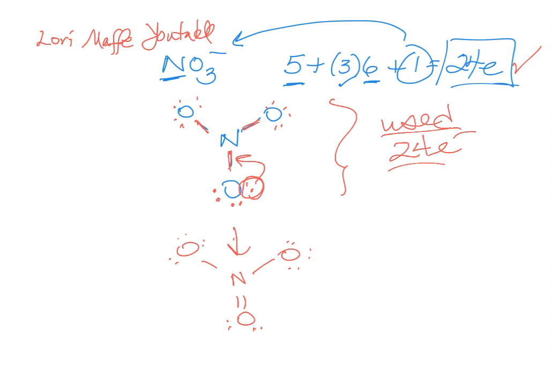All right. So this is the final Lewis dot structure for the nitrate ion, NO3 minus.